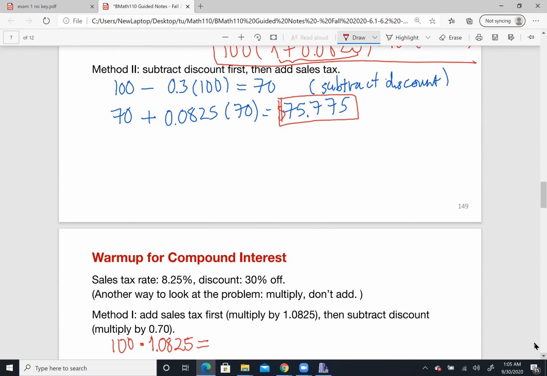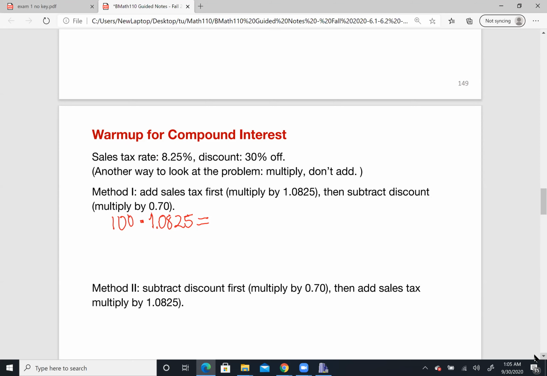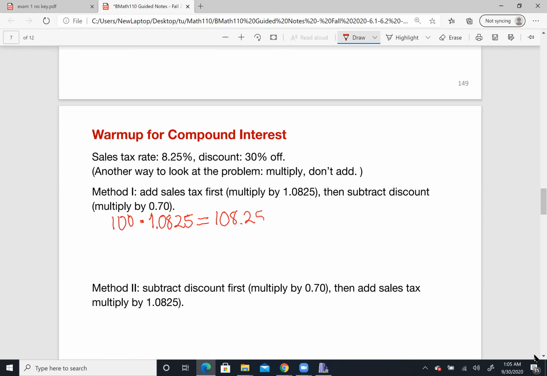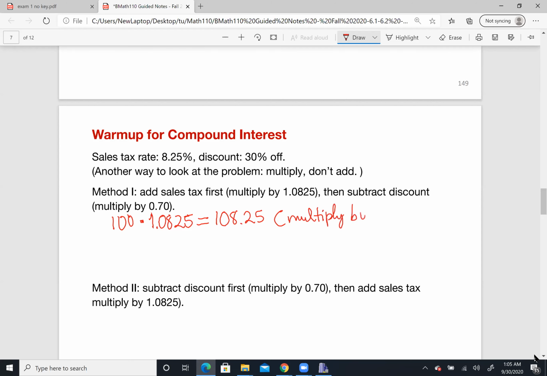Or maybe if you don't believe me, you can move the decimal two places, and then you're going to have 108.25, right? See that? Or you can use a calculator to see that, right? So that is multiplying by 1.0825.